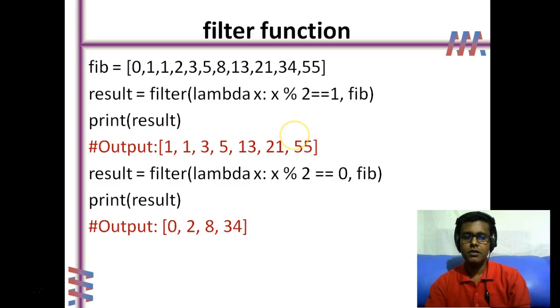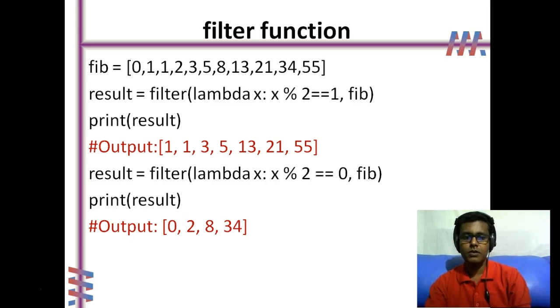That is, if a value satisfies this condition x mod 2 equal to 1, then I am going to filter these inputs and store them in the result variable. So the input here is fib. So the values from the list fib will be taken one by one and the operation will be performed on the values one by one, that is x mod 2 equal to 1.